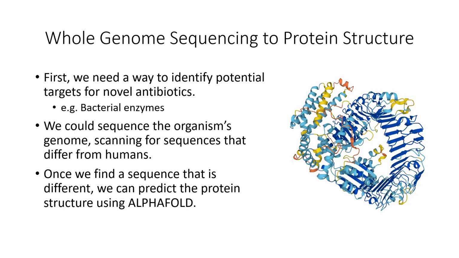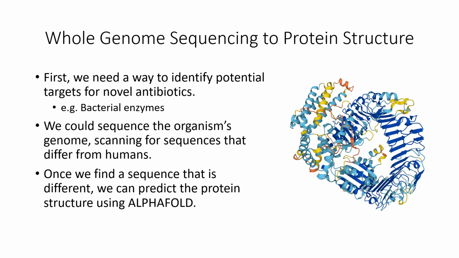In order to develop a new antimicrobial agent, we first need a way to identify potential targets, such as bacterial enzymes. To do this, we can sequence the genomes of different microbes, looking for sequences that differ from humans. Once we have a sequence that is significantly different from humans, we would want to predict the structure of a protein that corresponds to that genetic sequence.